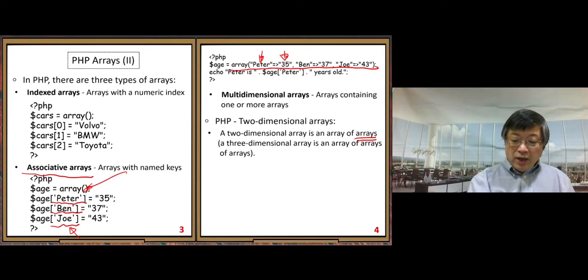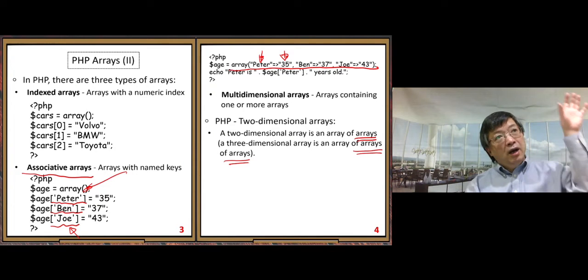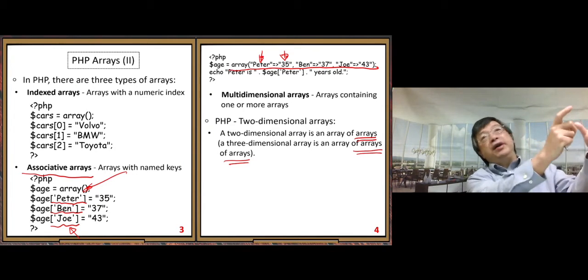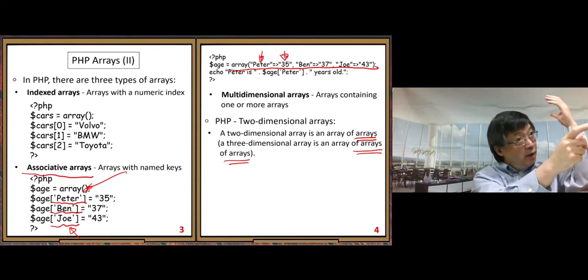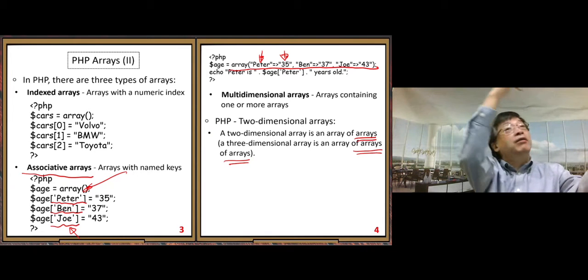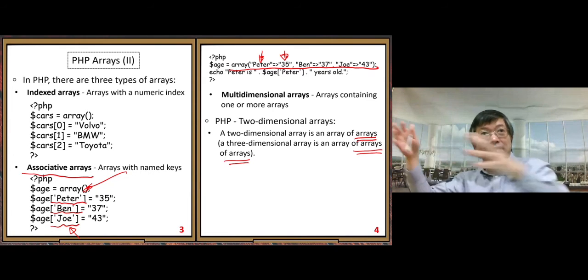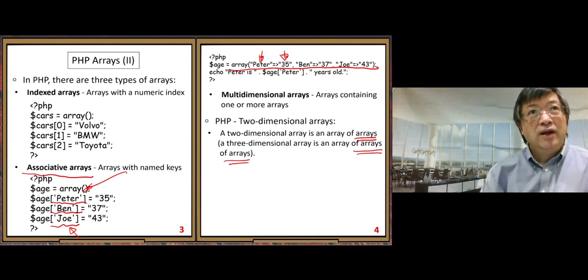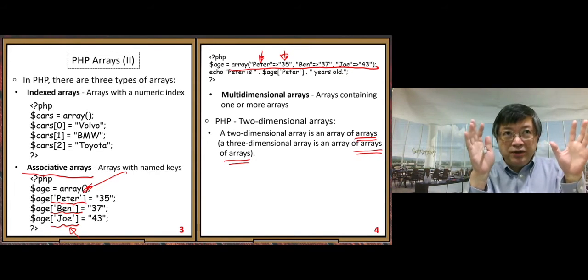This idea can be generalized to three-dimensional arrays: array of arrays of arrays, nested. Each element is a 2D array, because a 2D array is an array of arrays. More complicated and more confusing, but the concept is there.